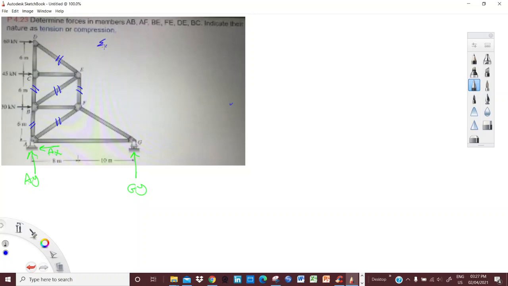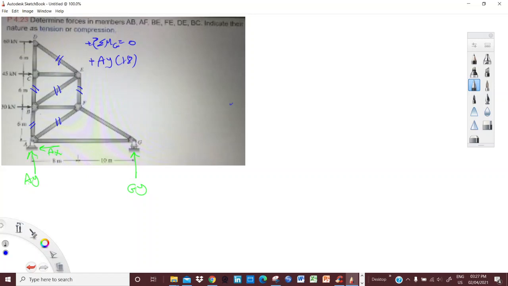So let's do the summation of moment at G, clockwise positive, equal to 0. I will not include AX since it passes through G. I will include AY, clockwise, times 18, the perpendicular distance 10 plus 8, which is 18.